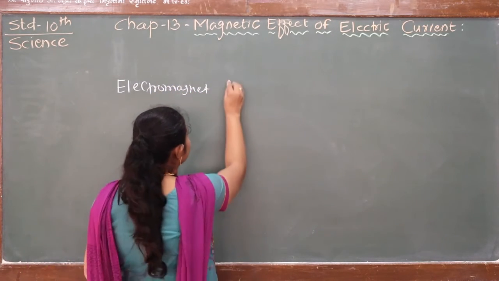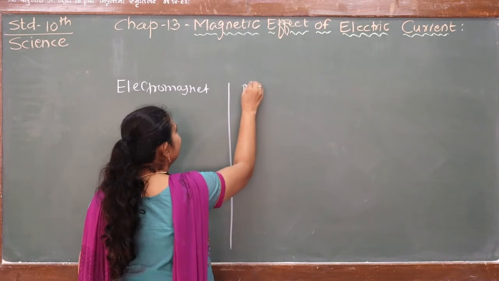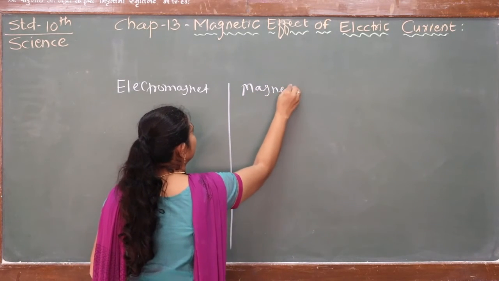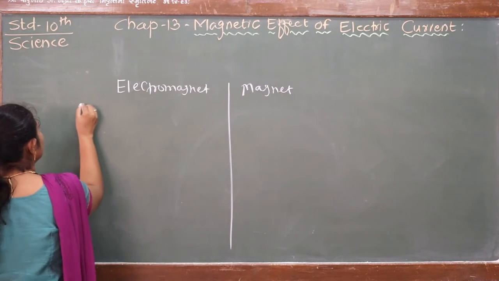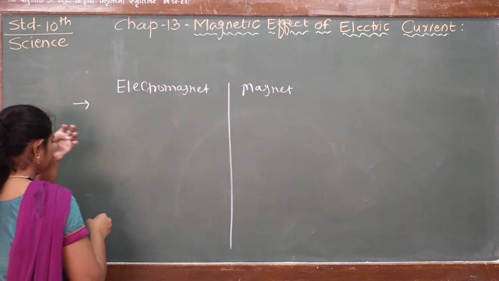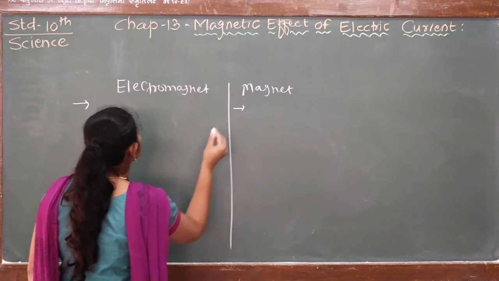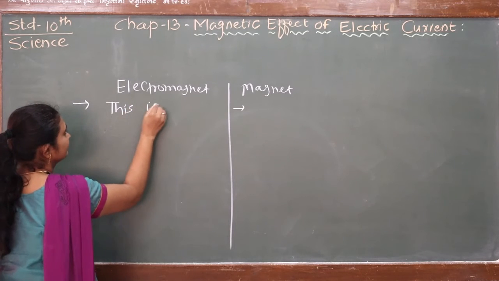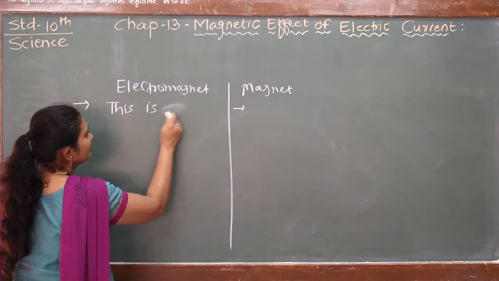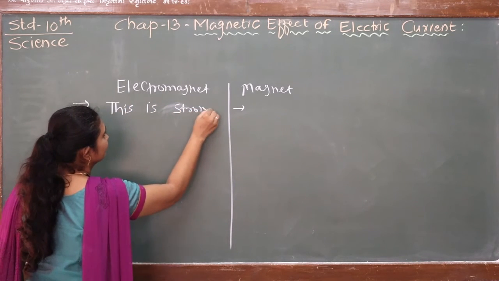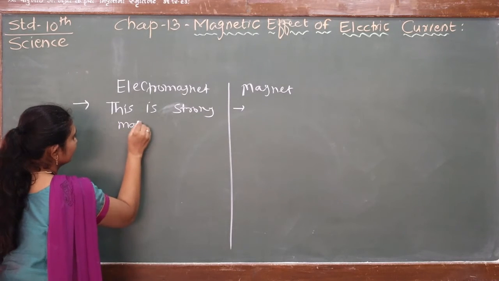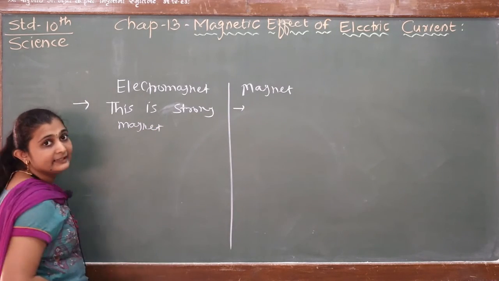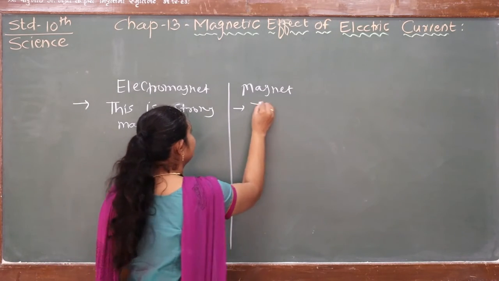Electromagnet and simple magnet. This is a strong magnet and this magnet is a weak magnet.